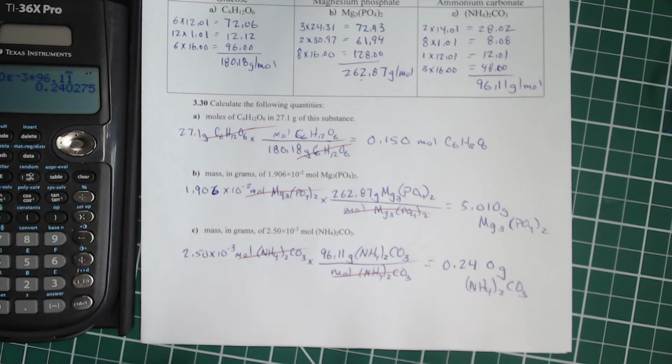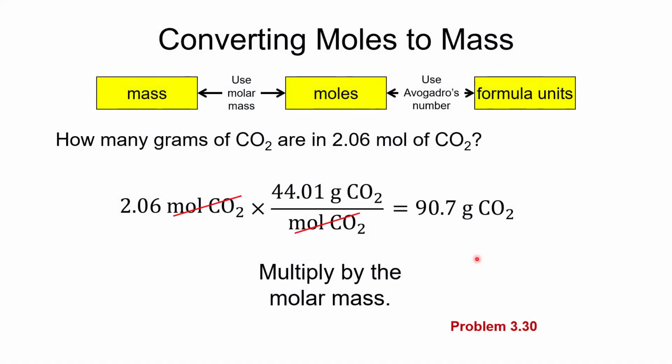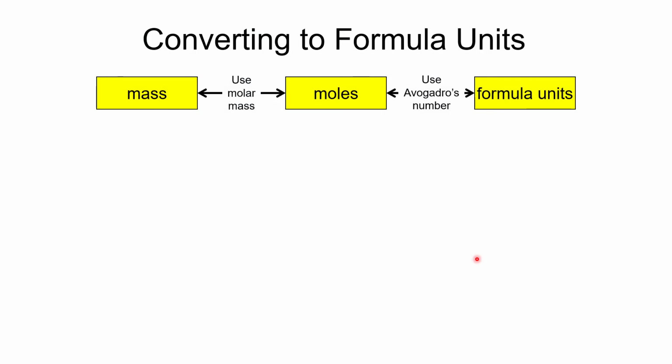Okay, so now that we've done those calculations, we want to go back to our presentation here, and we want to look at converting to formula units. And this is an important concept, so that's why I include it here.